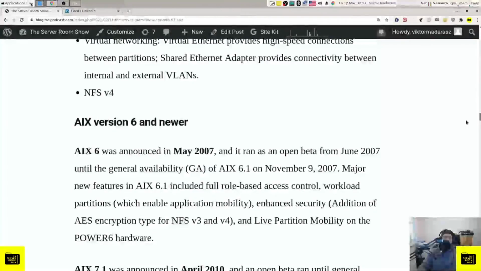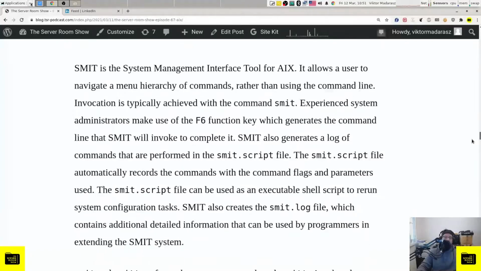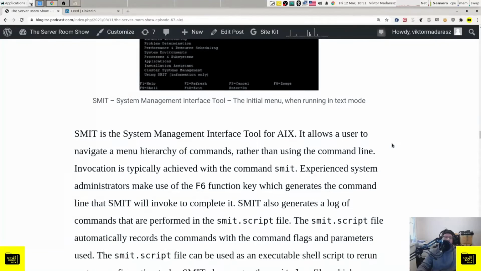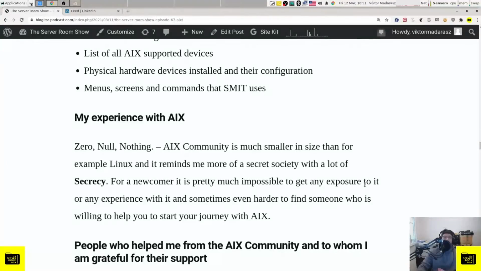I will have to say that with AIX, my experience is zero, is null, nothing. The thing is that the AIX community is much smaller in size than, for example, the Linux community, and somehow it reminds me more of a secret society with a lot of secrecy around it.